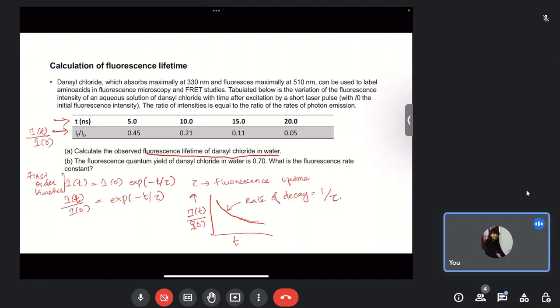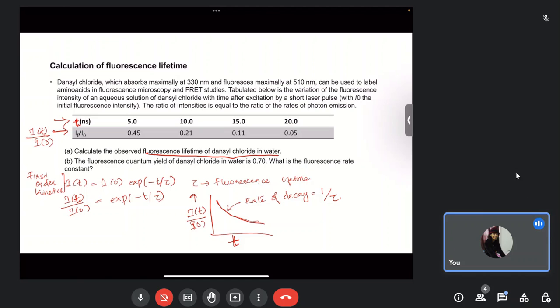So what I had done is I just plotted t as a function of I(t) by I_0, which you can see has been tabulated here. At every time point, the fluorescence intensity divided by I_0 at time 0 is given here. So I have plotted that.